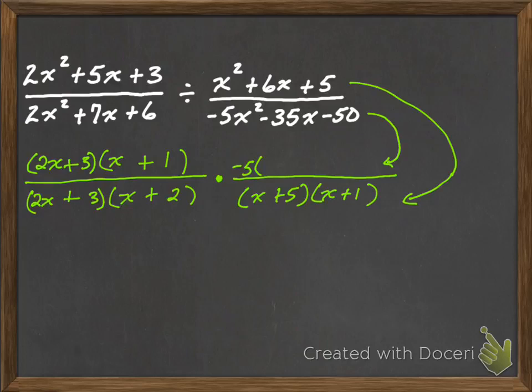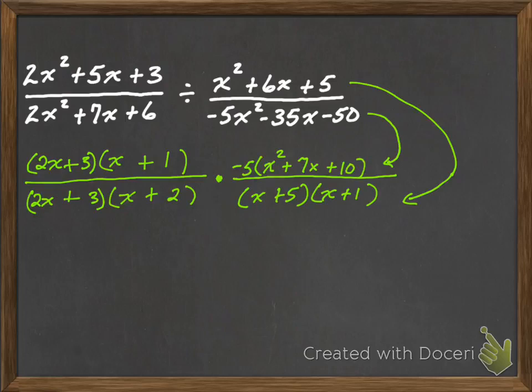Now, whenever you have a polynomial with an x squared, you always want the x squared to be a positive x squared. So even if you just had a negative sign here, you would want to factor a negative 1 out of each term. In this case we have a negative 5, so we're going to factor a negative 5 out of all of these, which changes the middle term to a positive 7x and plus 10 on the end.